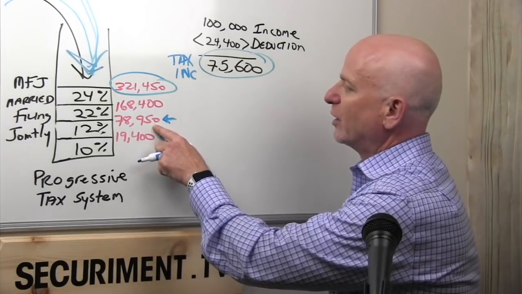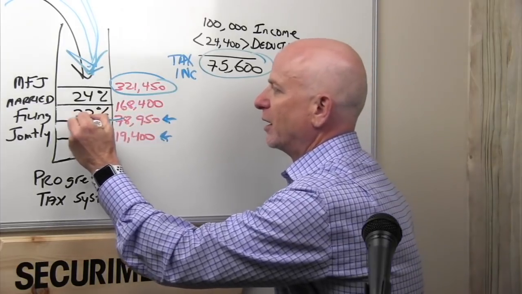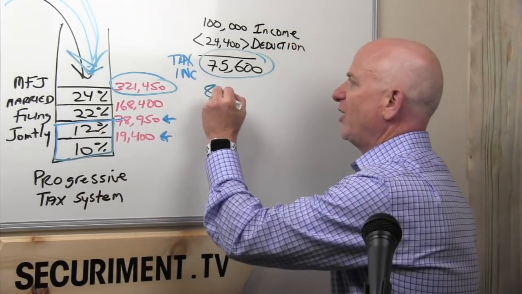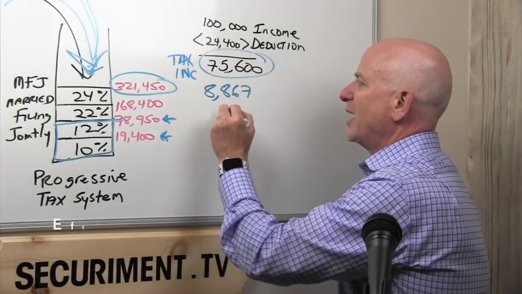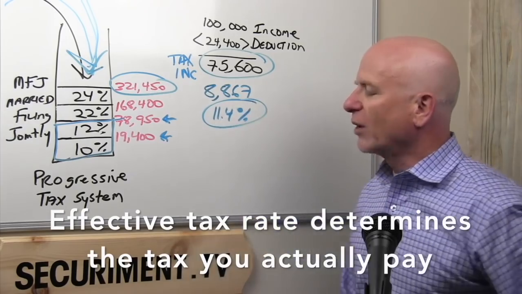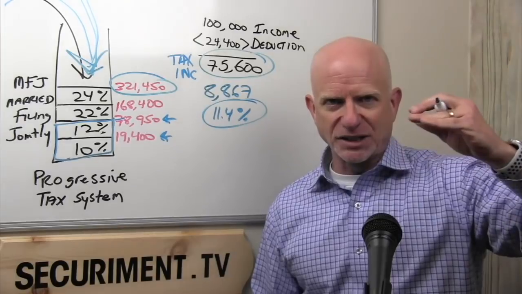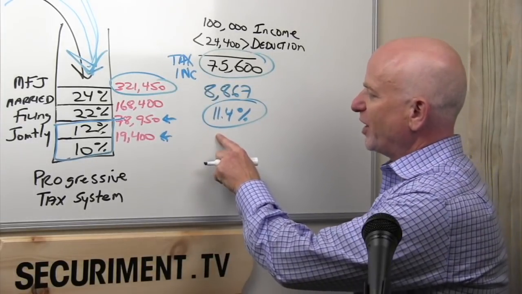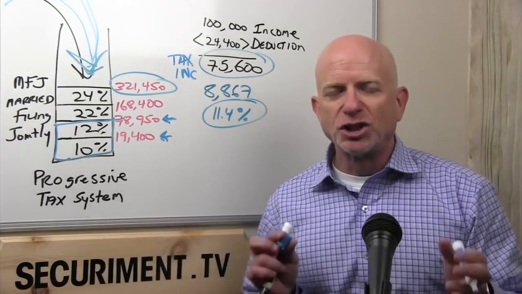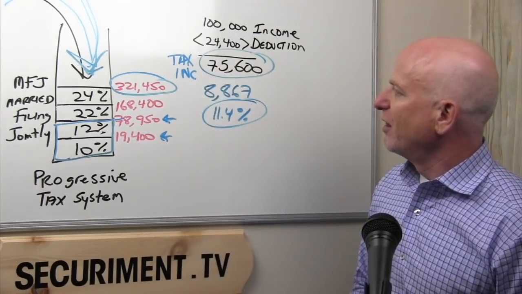We are not rising with taxable income above $78,950, so we know we're going to be in these brackets down in this area. The tax burden on that is $8,867, and it's an effective tax rate of 11.4%. Okay, not too bad. The marginal tax rate is 12%. That's the highest tax rate we're going to pay. But the blended or the effective tax rate is a little bit lower because we're blending these rates, some at 10%, some at 12%. So that's how we would calculate a normal amount of tax that's due.